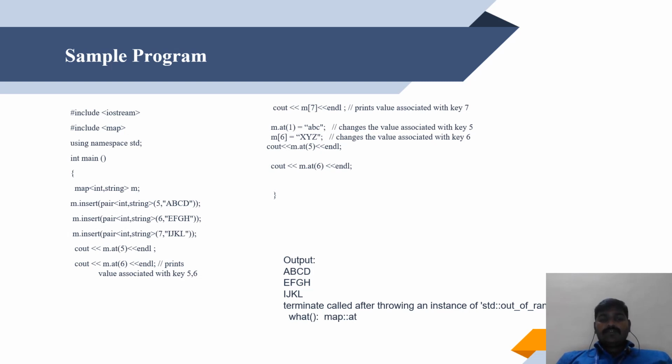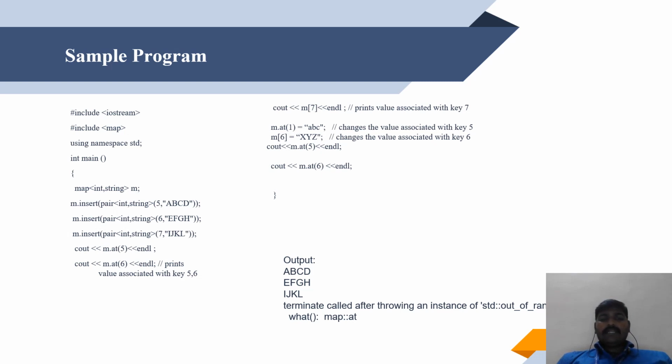We are supposed to provide the key and the value. So int comma string denotes the types of the key value pairs. Okay, and m is the object. So with that object we can access each pair.